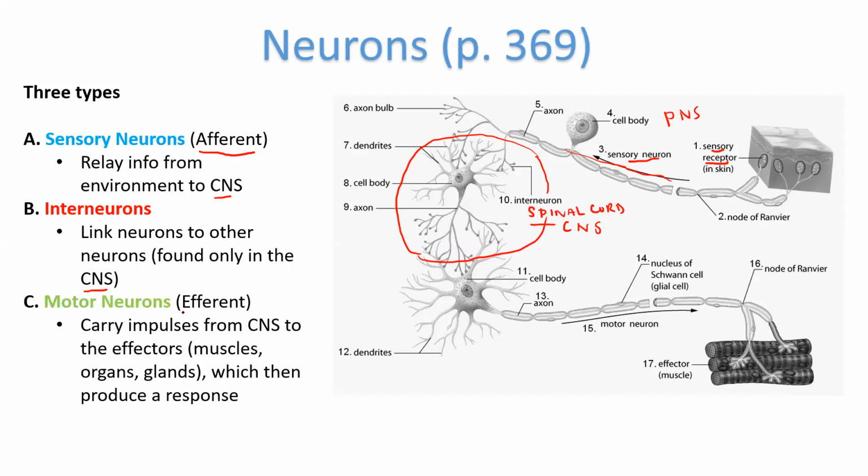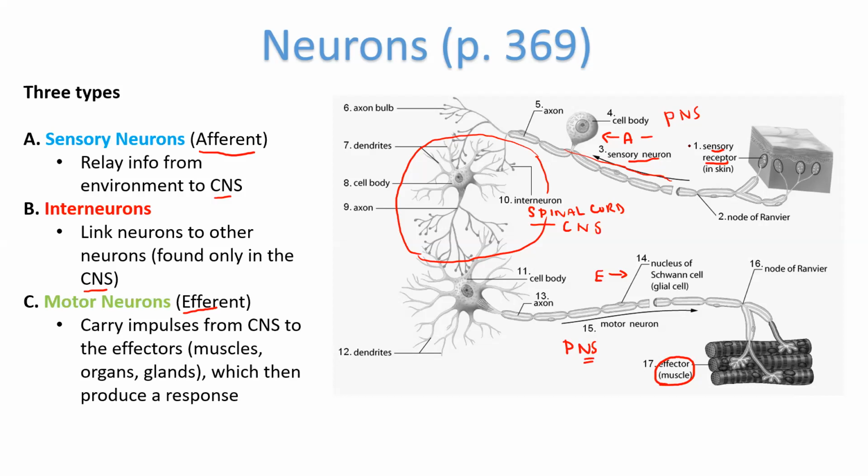And motor neurons, efferent. So A is bringing the impulse to it. E is exiting and leaving the interneurons, the central nervous system, and sending an impulse to an effector like a muscle. So this is also part of the peripheral nervous system.